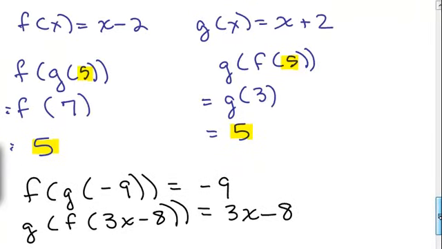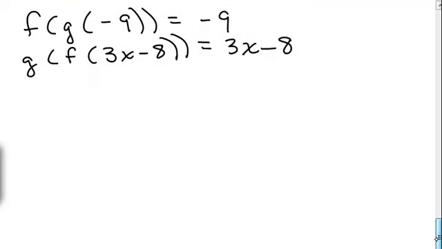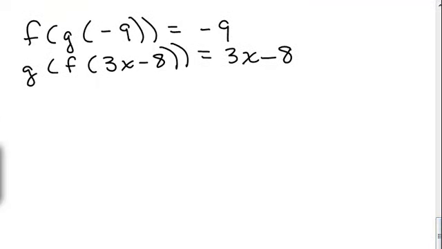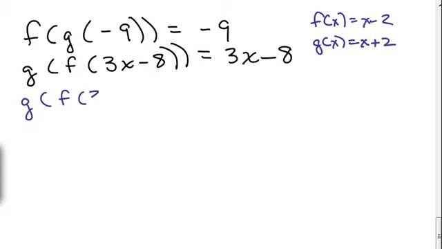So remember, f of x is x minus 2. I'm going to write that over here. And g of x was x plus 2. We have to know what functions they are. So let's do this. G of f of 3x minus 8. Okay, so that means g of what?